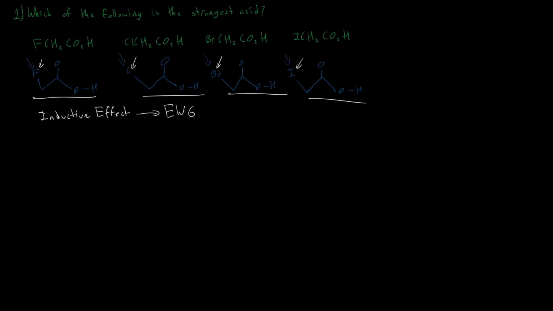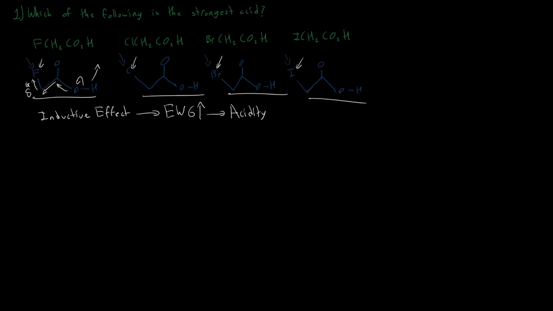So as electron withdrawing capability goes up, acidity will go up. As we mentioned above, this is because this causes a cascade of partial positive charges, where a partial positive charge is imposed on this carbon, and it causes a partial positive charge on this carbon, which causes a partial positive charge on the oxygen, and makes it more likely to take the electron and release the hydrogen.